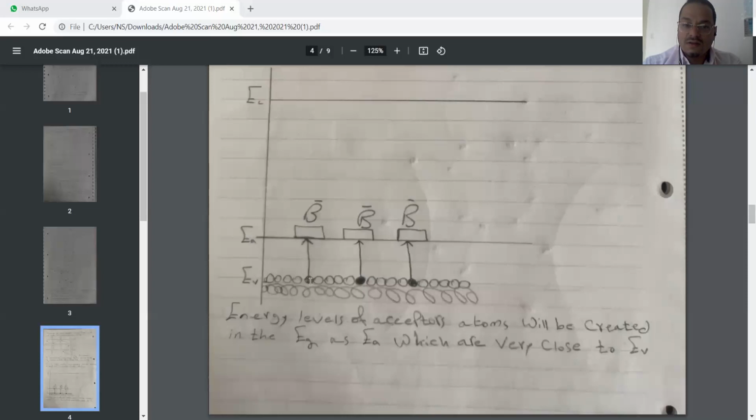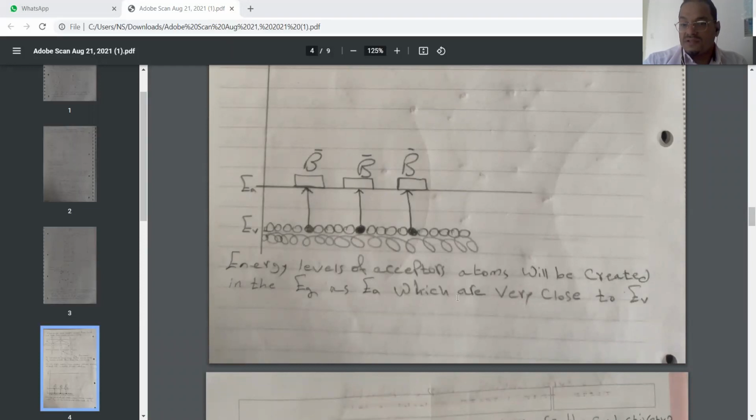And here, this electron will try to jump to the nearby acceptor energy band, creating a hole at the first line, I mean EV.